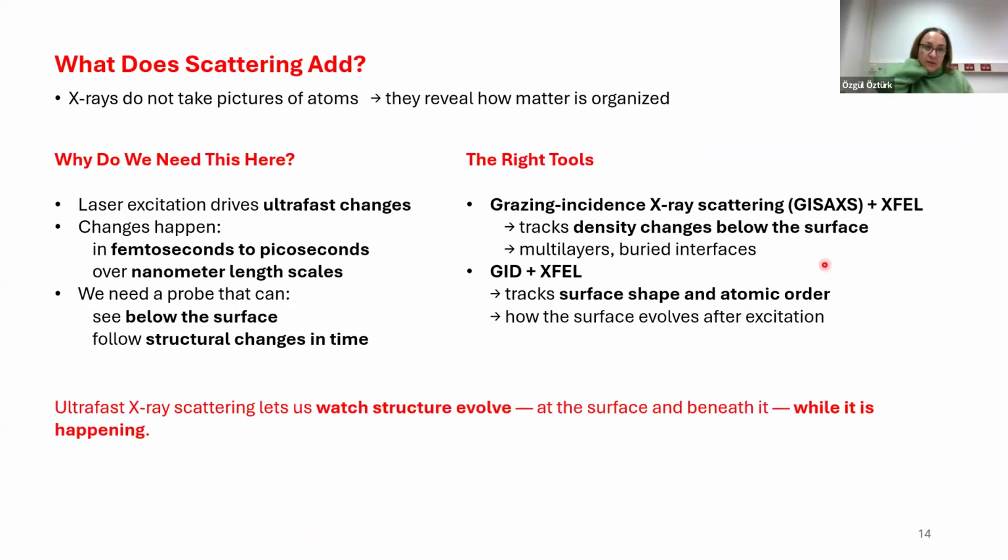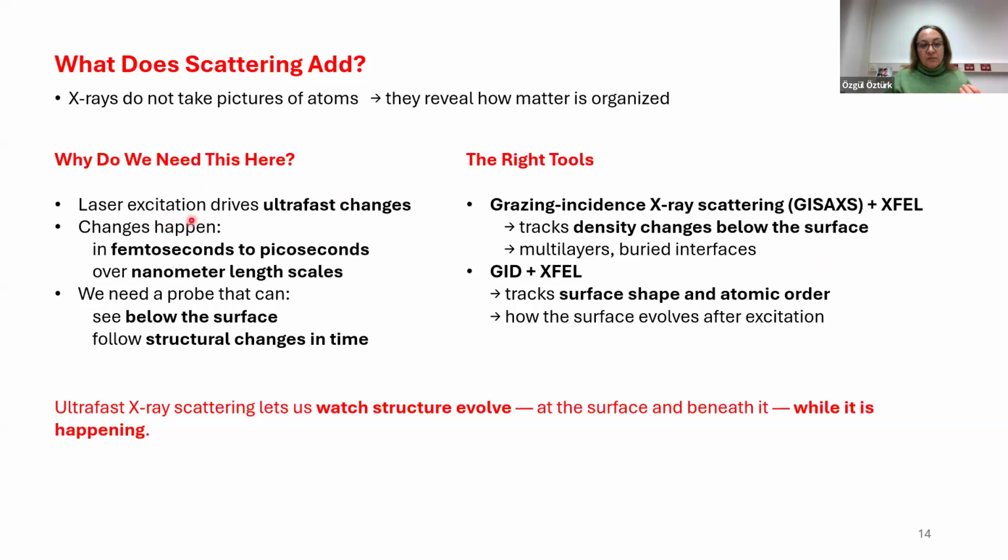And what does scattering add into this picture, into this story? X-rays do not take the pictures of the atoms, but they reveal how the matter is organized. And why do we need scattering here in this pump probe experiments?